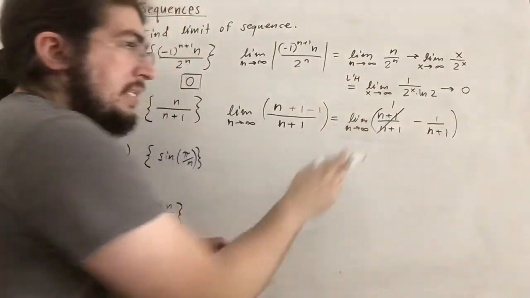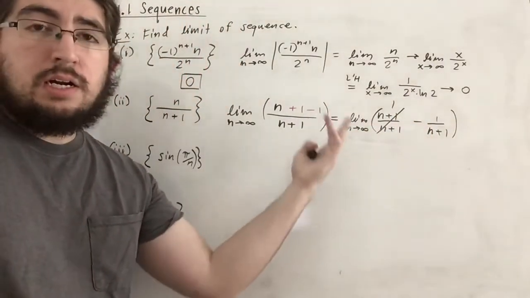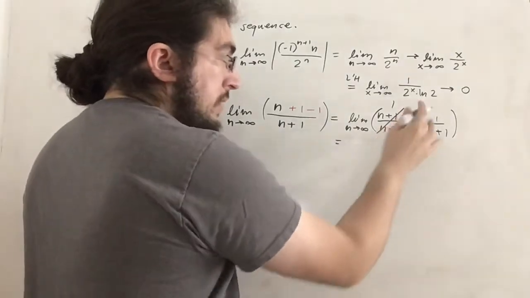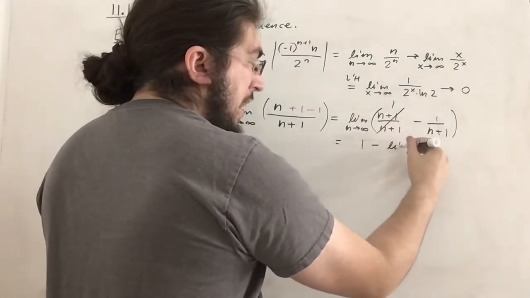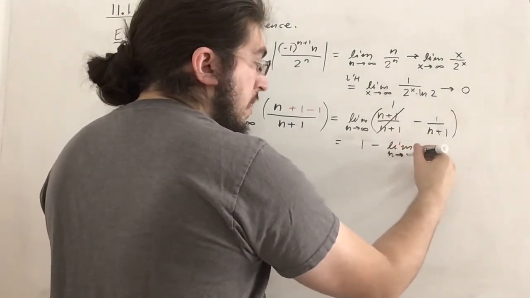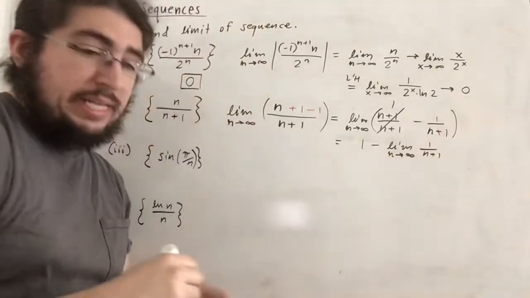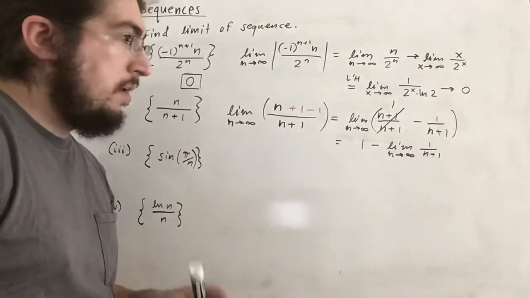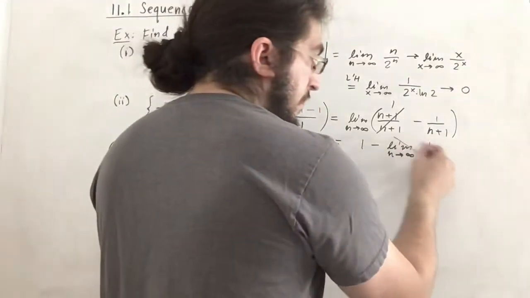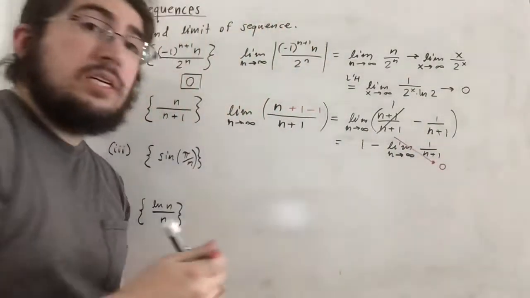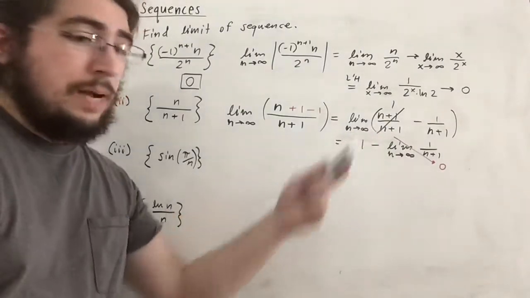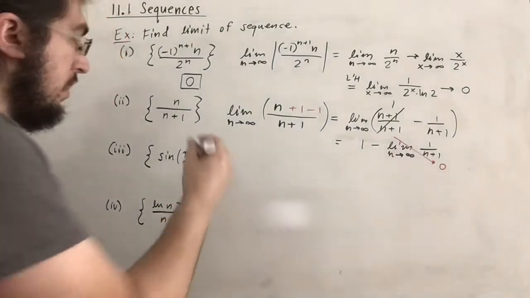And the limit as n goes to infinity of a constant is just the constant itself. So the limit splits and we get 1 minus the limit as n goes to infinity of 1 over n plus 1. And we know this goes to 0 because the denominator gets closer to infinity while the top just stays 1. So the limit here is 1.